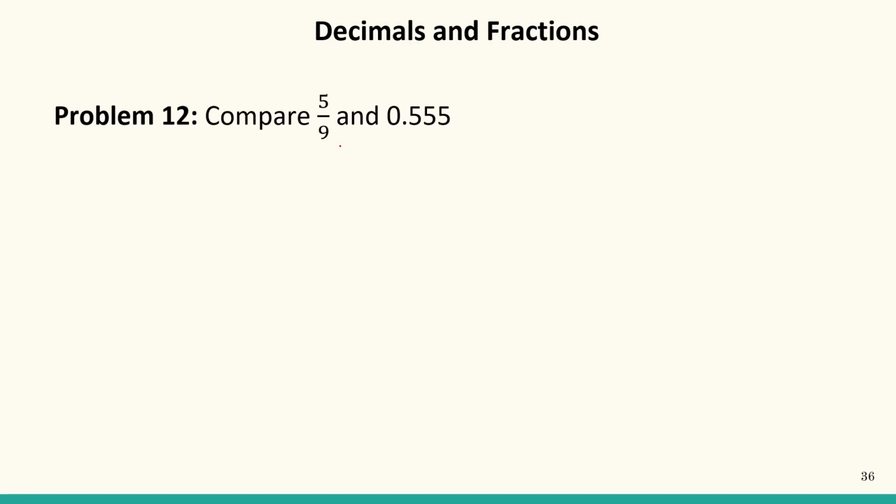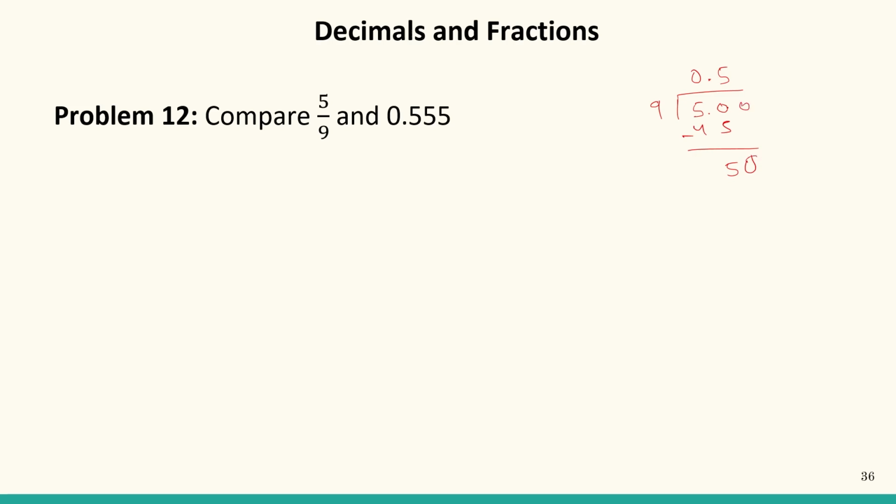So again we can compare 5 by 9 and 0.555. So 5 by 9, how can we do it? 9 into 5 is equal to 45. So this is 5 and again 0.